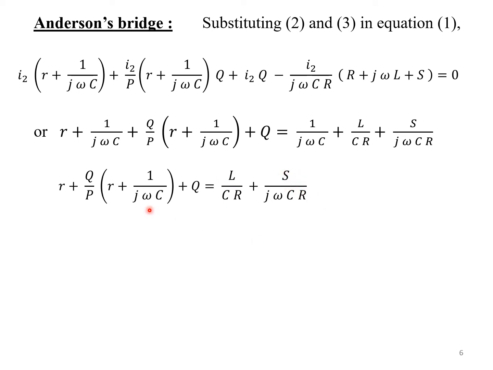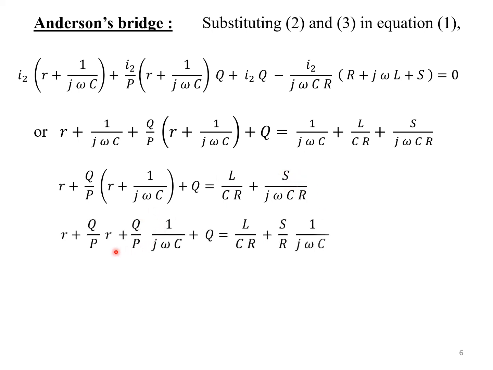The same thing we can do here. So small r q by p into small r plus q is the real part of the left hand side, and the third term is the imaginary part. Similarly, on this side we have L by CR as the real part and this as the imaginary part.